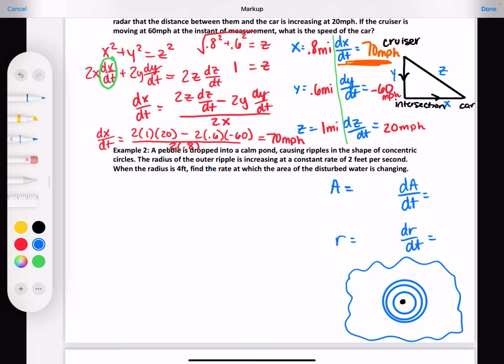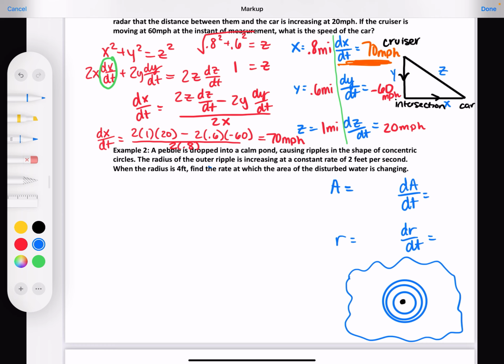So this is one where we're not necessarily told what the area is, but we can find the area with the given information. And just because you can find it doesn't always mean it's relevant either.